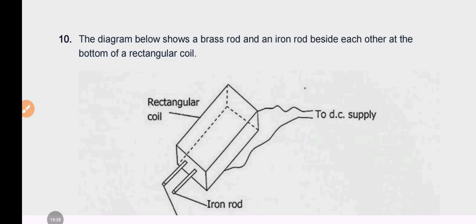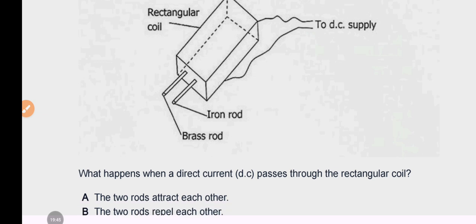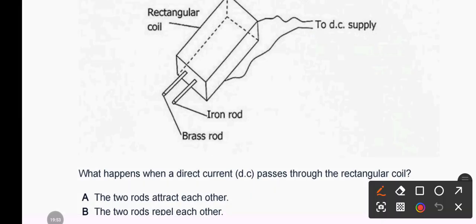Alright, question 10. The diagram below shows a brass rod and an iron rod beside each other at the bottom of a rectangular coil. What happens when a direct current passes through the rectangular coil? So in this case, we are expected to know that iron is one of the few examples of substances that can be magnetized.